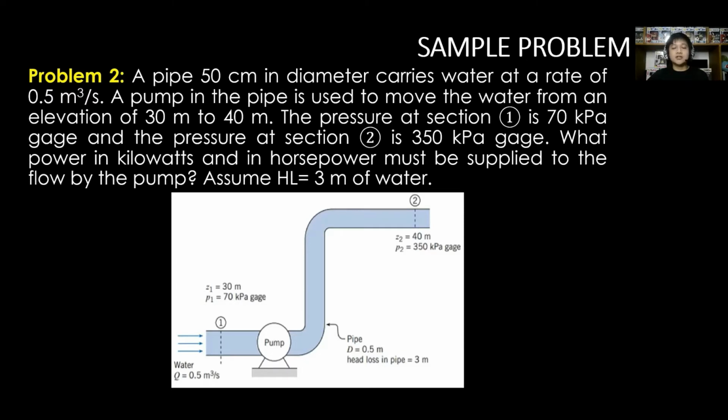The pressure at section 1 is 70 kilopascals gauge, and the pressure at section 2 is 350 kilopascals gauge. What power in kilowatts and in horsepower must be supplied to the flow by the pump? Assume head loss as 3 meters of water.